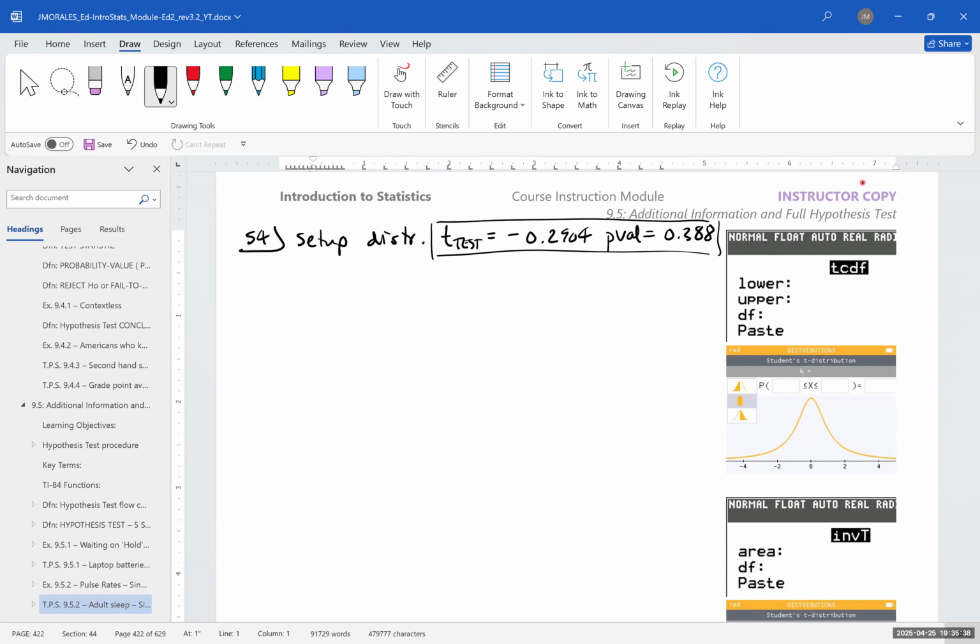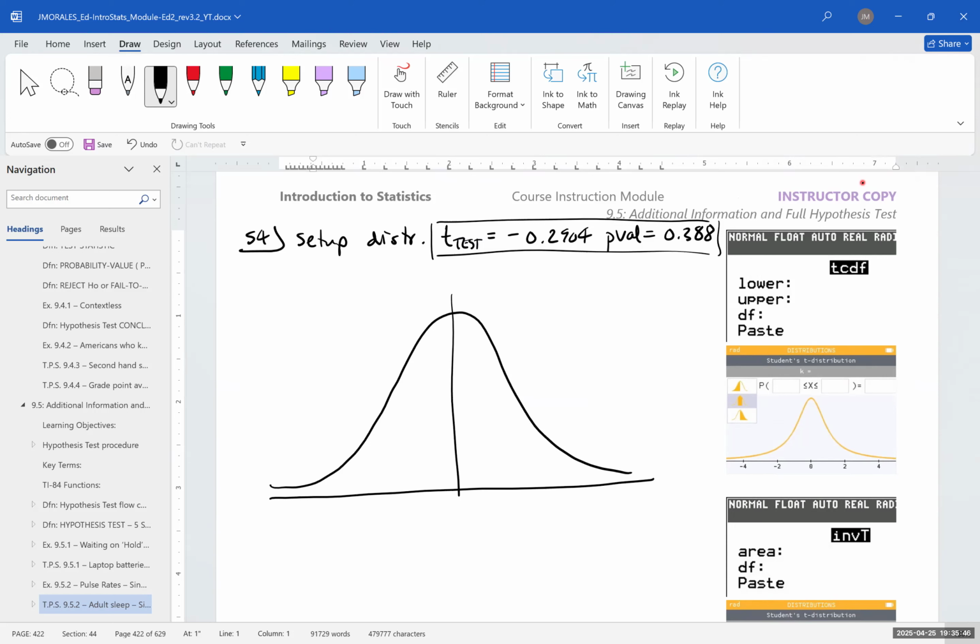Okay, so we want to draw a student's t distribution here. And this is left-tailed only. So this is going to be my negative t critical value, or the area to the left.